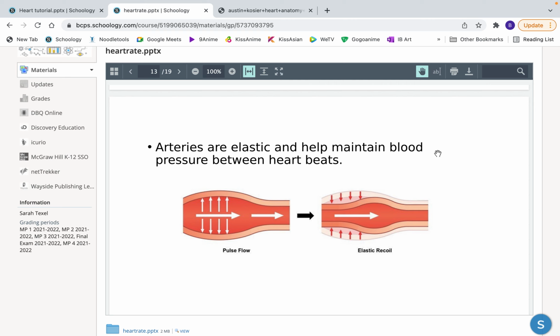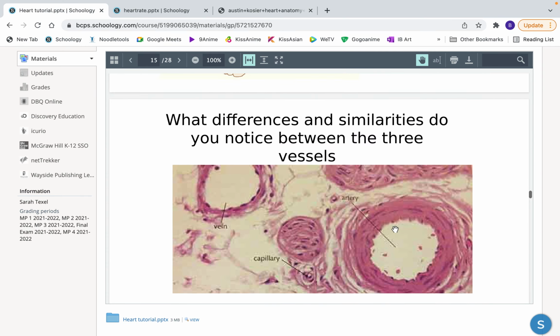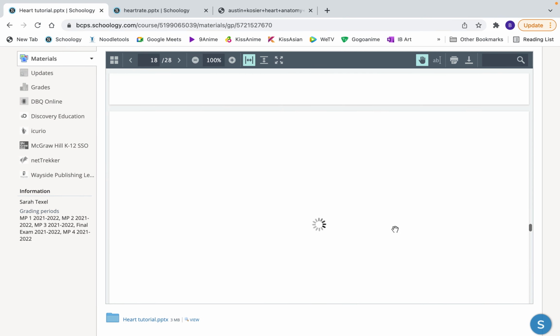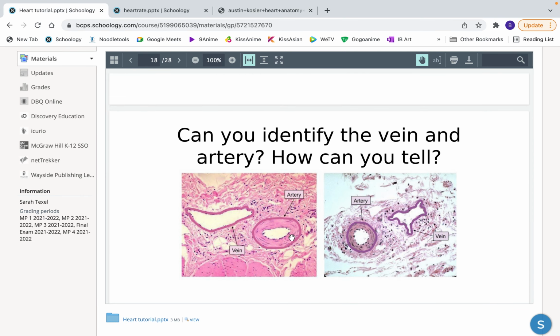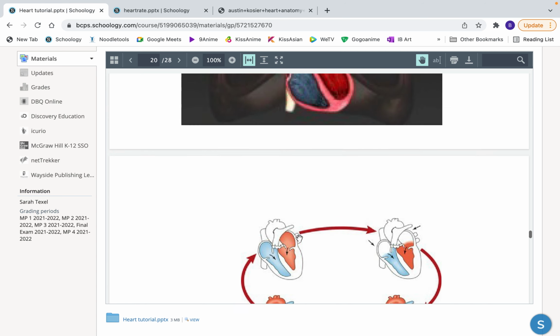So let's talk about systolic and diastolic blood pressure. I don't know that I necessarily have a really good picture. Well, maybe I do. Oh, really quick. Artery, lots of muscle. Vein, lots of lumen.